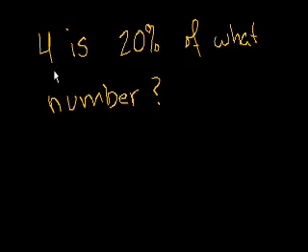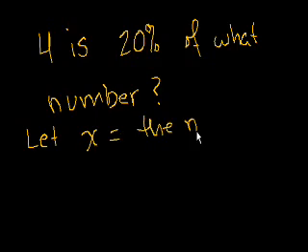And in that case, again, you may be wrong. Because think about it. I'm not saying what is 20% of 4. I'm saying that 20% of some number is 4. So now we're going to be doing a little bit of algebra. I bet you didn't expect that in the percent module. So let x equal the number.